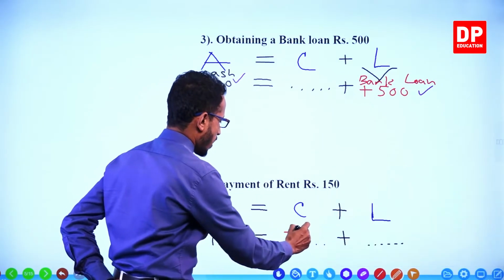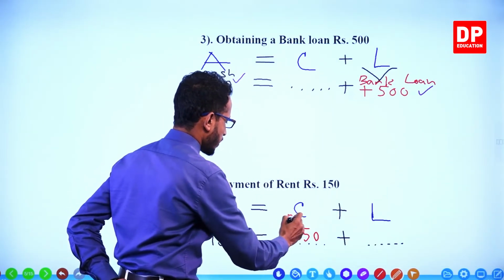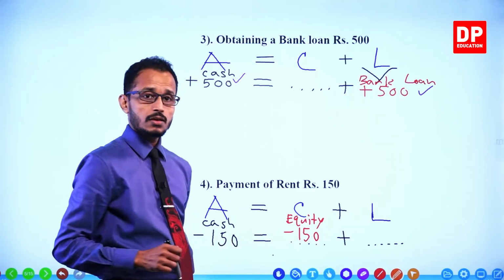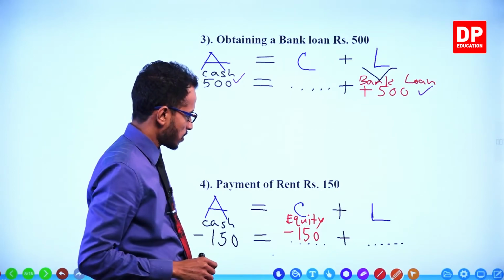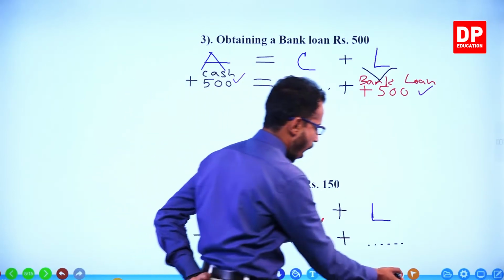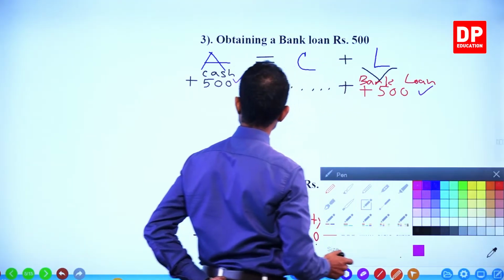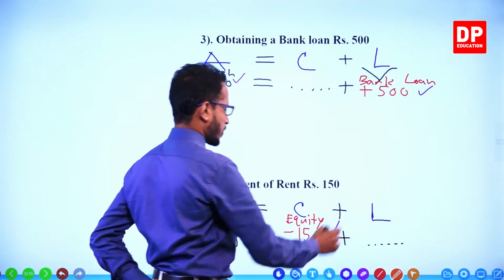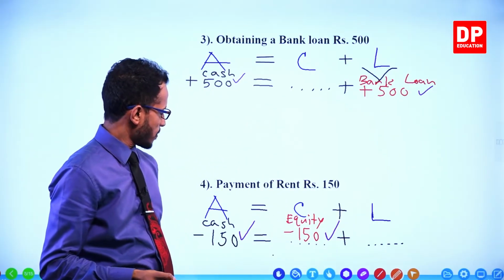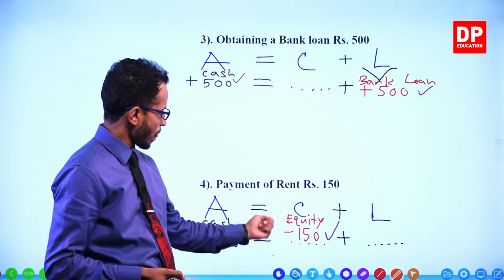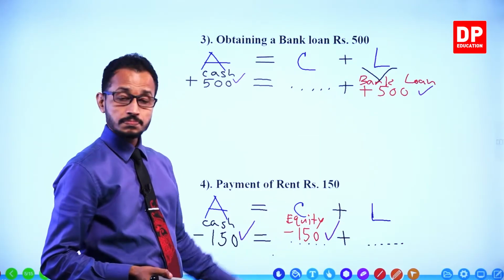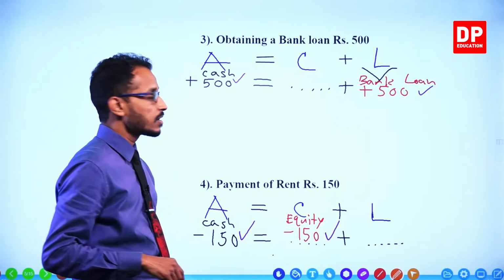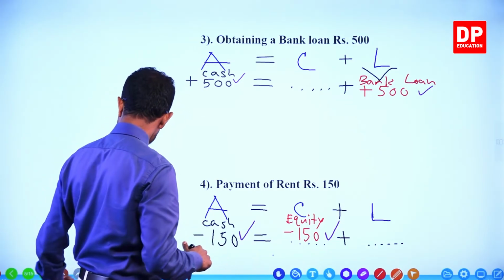So we'll record 150 equity decreasing. All right, the double entry is done. First entry, second entry. Payment of rent: cash decreasing, equity decreasing. That's how we do it, children. Right, let's see what's next.